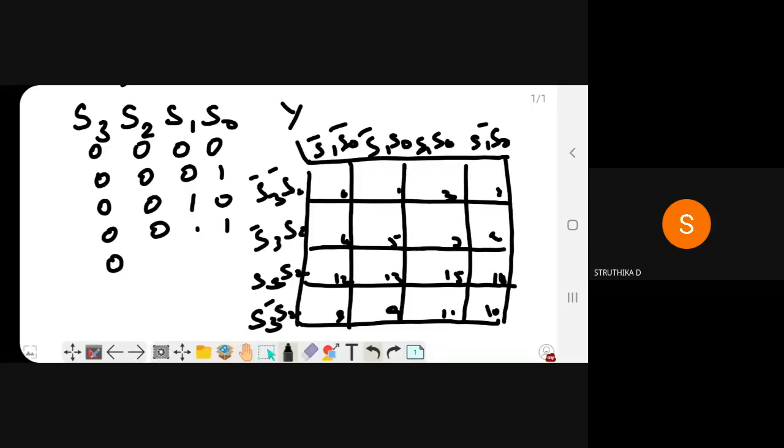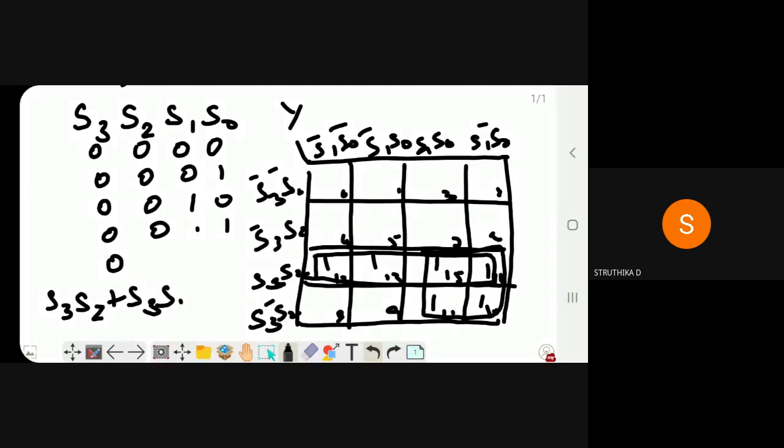So I pair these squares, and I get the equation S3 S2 plus S3 S1. So this is the equation for Y.